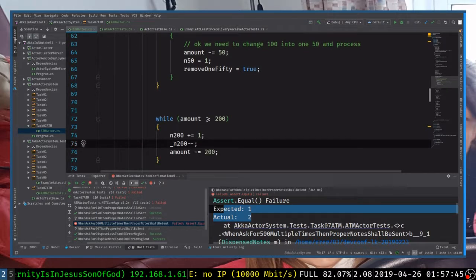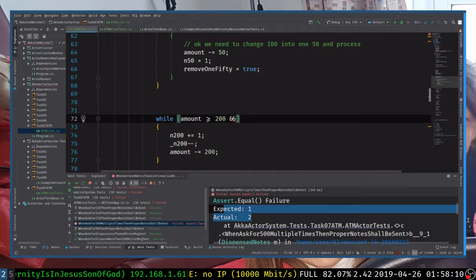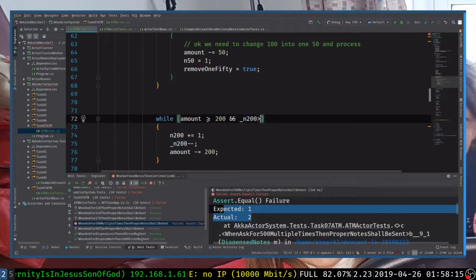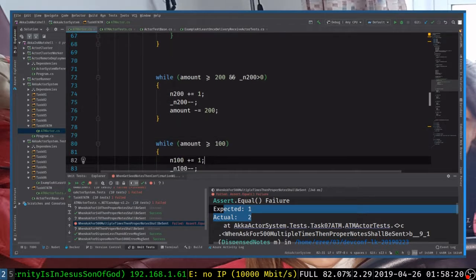So now after each step, what do we need to do? Is to check. Did we get, so we have 2 things. We can make something like that here, and the 100 is bigger than 0. This is something that we can use in every single case. Let's check if it works.